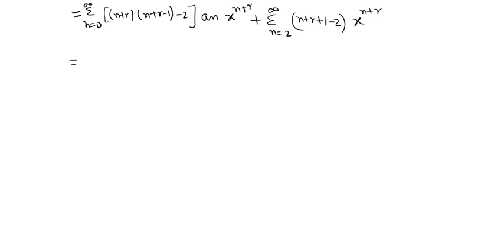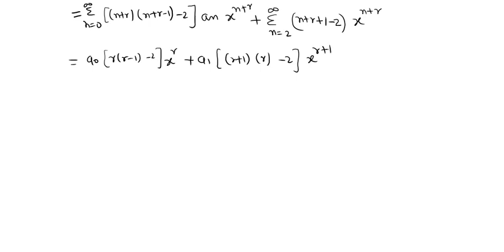For n equal to 0 we have a0 (r(r minus 1) minus 2) x^r, and for n equal to 1, (r plus 1)(r minus 2) a1 x^(r+1).